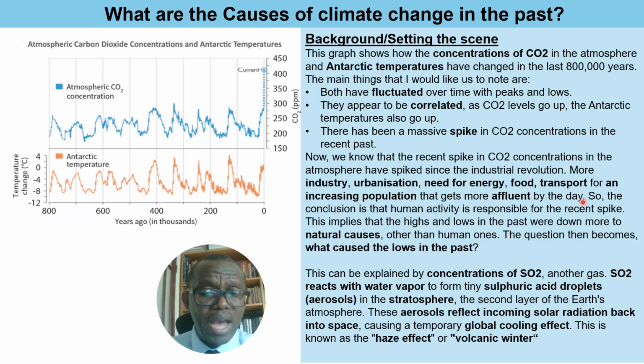All that is produced in the factories, and that requires energy as well, leading to more carbon dioxide being released into the atmosphere. So the conclusion is that this recent spike is a result of all that human activity that has precipitated the burning of fossil fuels.